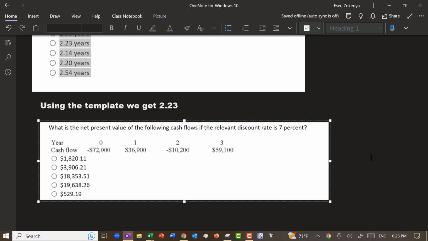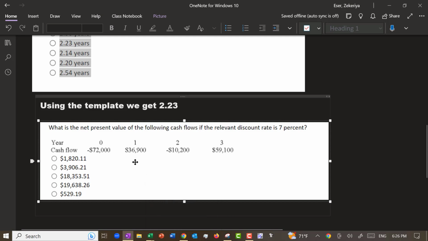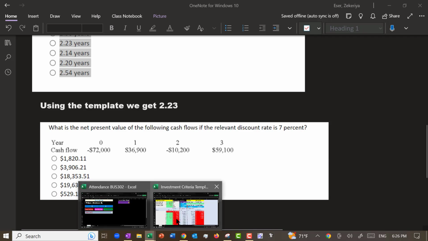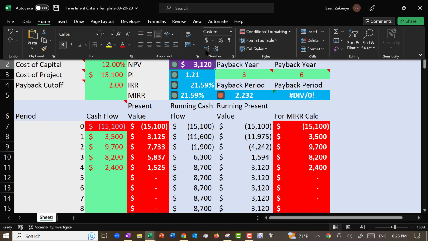18? 18, 1820. Okay, let's see. By the way, you can increase the decimals on any number by hitting this left arrow.